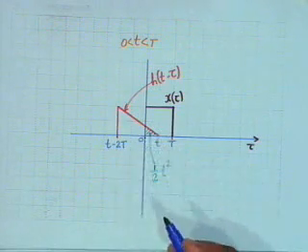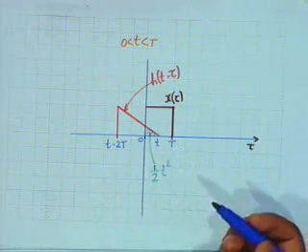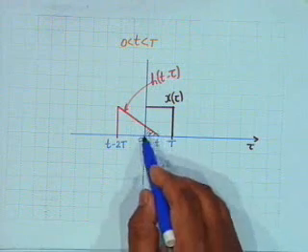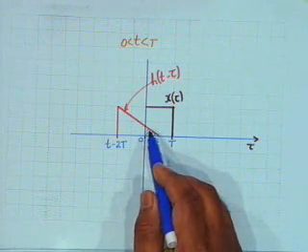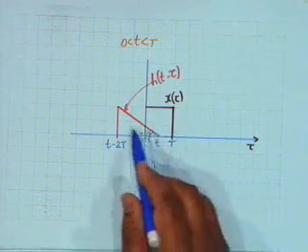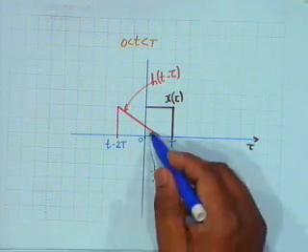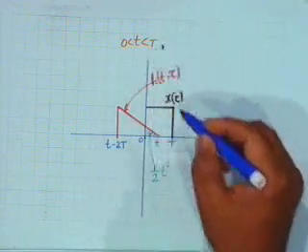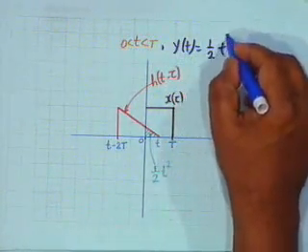And it's very easy to see that the value of this portion is the area of the triangle, half base times altitude. The base is small t, and the altitude is also small t, because the slope is minus 1. It is h of minus tau, the slope is minus 1, and therefore half t squared. In other words, in the interval 0 to capital T, y of t rises as half t squared.